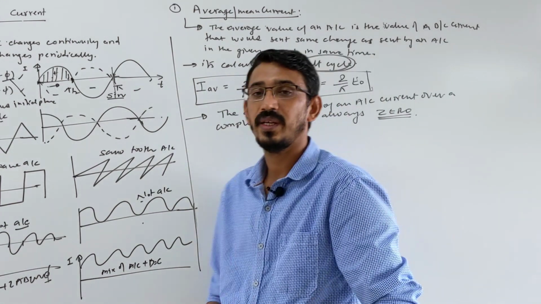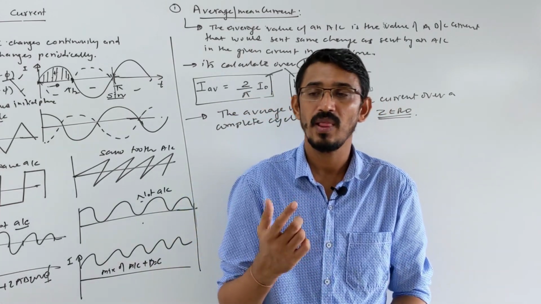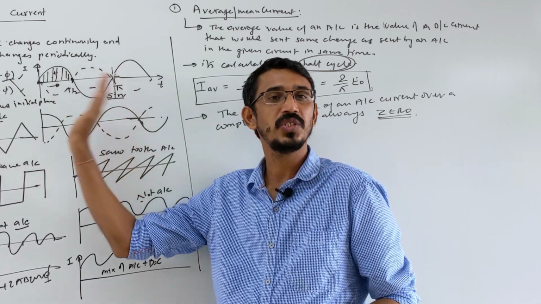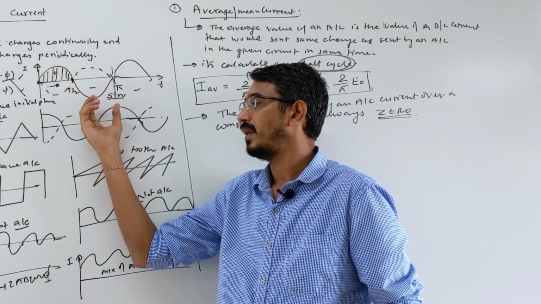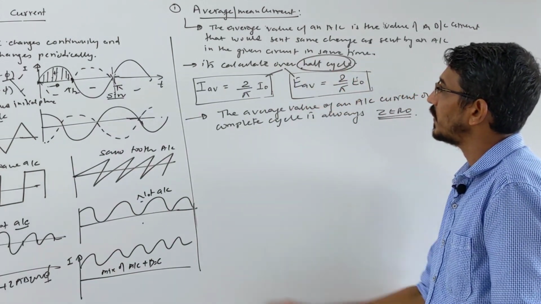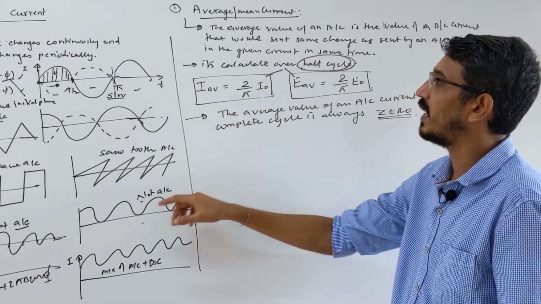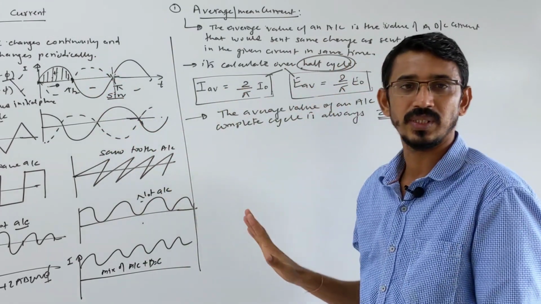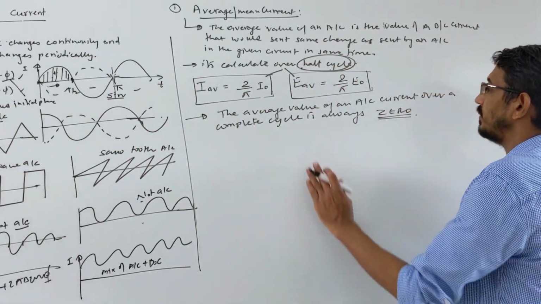Over a complete cycle, meaning positive half and negative half, this is one complete cycle. The answer is directly 0, because positives and negatives are equal in magnitude and opposite in direction, so you add them and it becomes 0. That's why you calculate this average value over a half cycle. You can take the positive half or negative half, it doesn't matter. Positive half means positive, negative half means negative, that's all, just the sign.